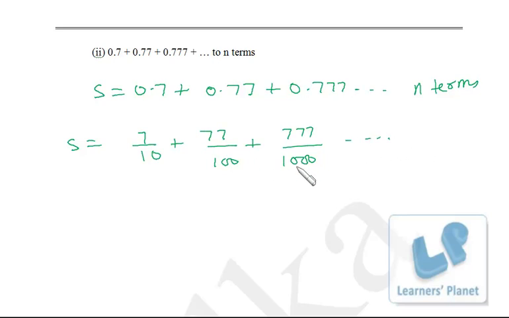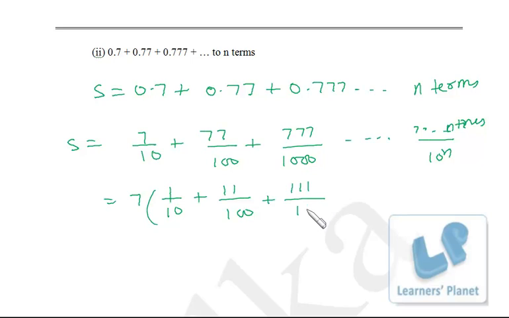Okay, so here the third term has 10 cubed, so the last term will be 777 (n times) by 10 raised to n. So what I do, I take 7 as common, so here I'll be getting 1 upon 10 plus 11 by 100 plus 111 by 1000 and so on.